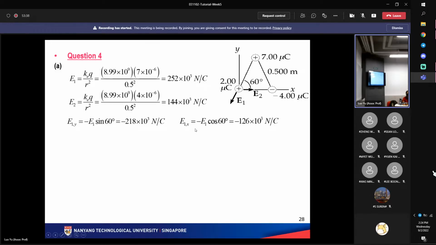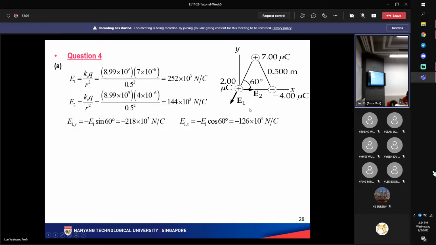So we have E1X equal to minus E1 times cosine 60 degrees, equal to this. E1Y is pointing to the bottom, so it's also a negative Y direction, equal to this. So this is E1Y and E1X.